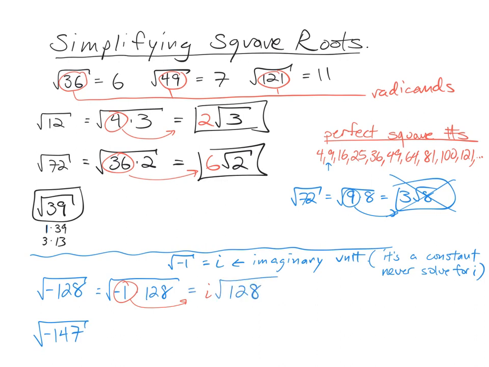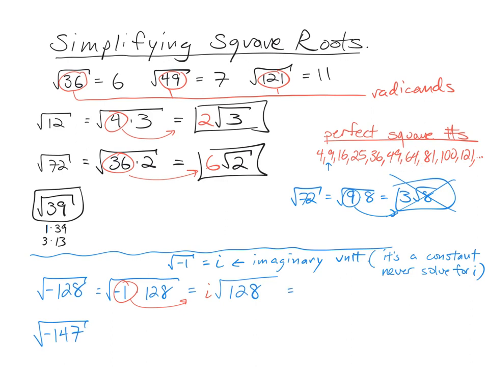Now, that doesn't mean we get to stop. We still have to look over here at the perfect square numbers and find the largest number in this list that will be a factor of 128. So yeah, 4 is a factor of 128, but so is 16, and so is 64. And 64 is the largest factor of 128.